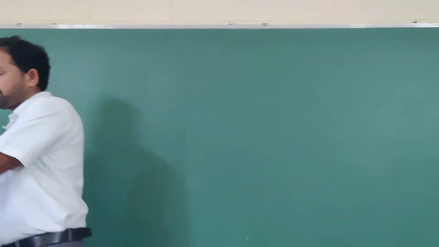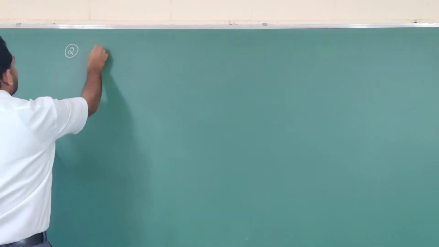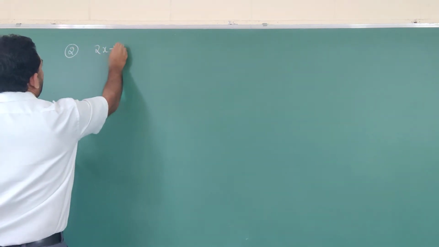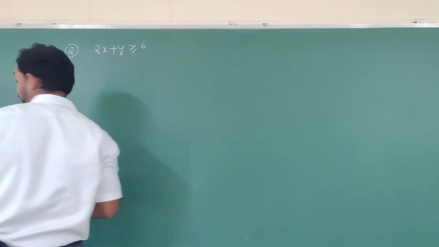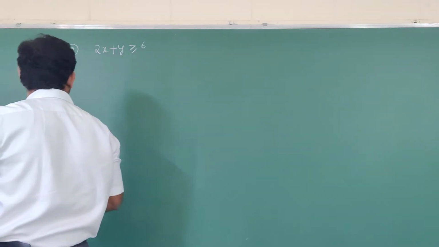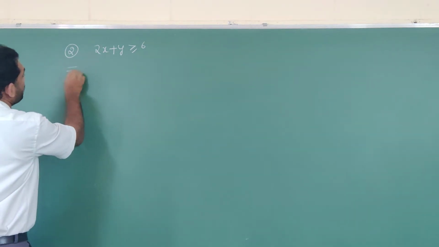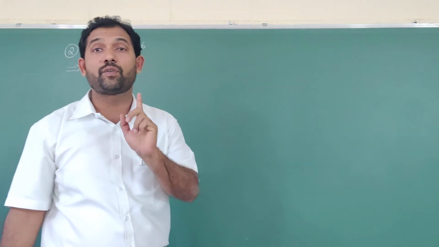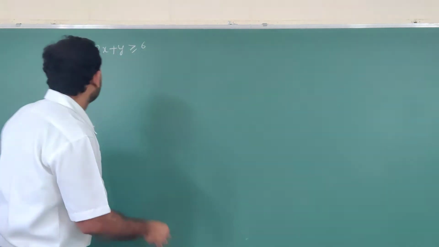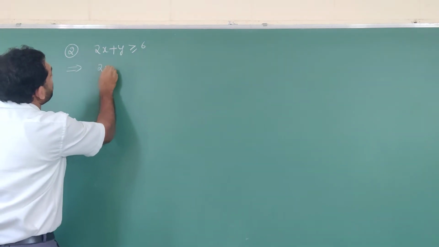Next, second bit: 2x plus y greater than or equal to 6. This is separated into one equality and another inequality.